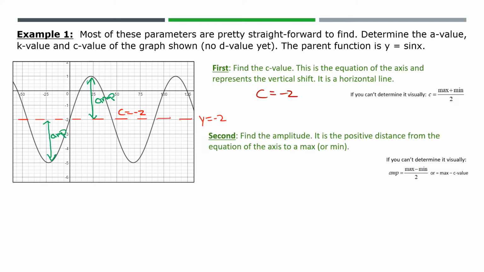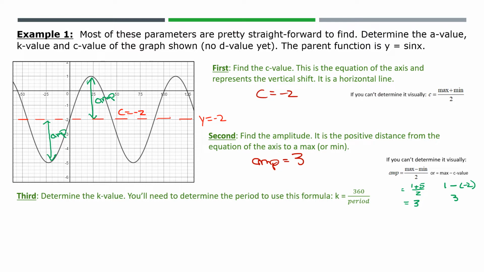Using the formula, the maximum is 1 minus the minimum, -5, so I change it to +5, divided by 2. So you get 6 over 2. That's a 3. Or we could take the max value, 1, subtract the c value, -2. That's also going to give us a 3. So our amplitude is 3 units, not negative, just 3 units. So that's our amplitude.